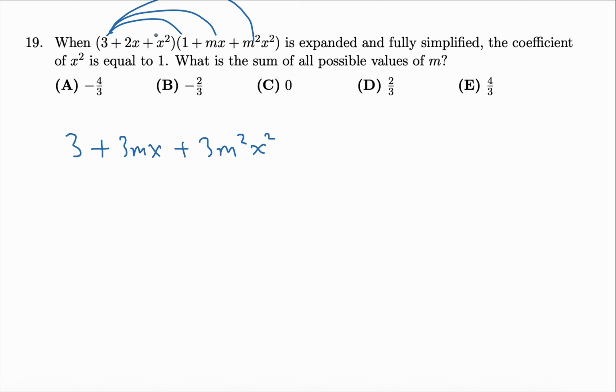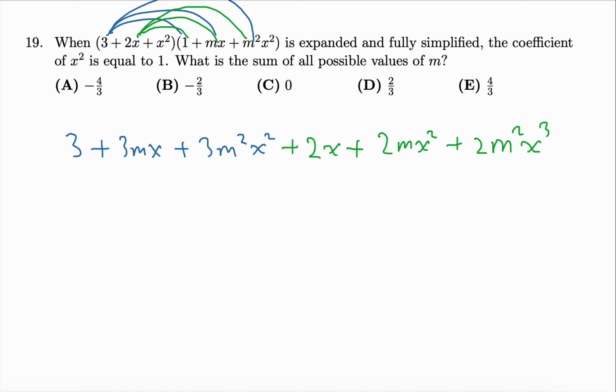After we've done that, I'm going to pick a different color and do the next one, this one, this one, this one. So we get 2x plus 2mx squared plus 2m squared x cubed.